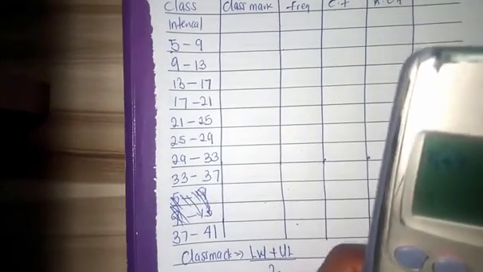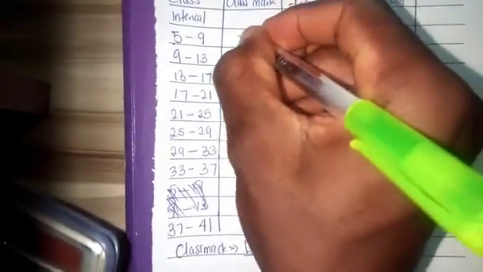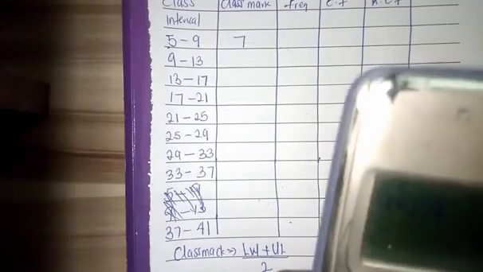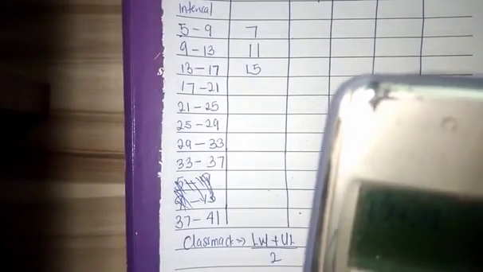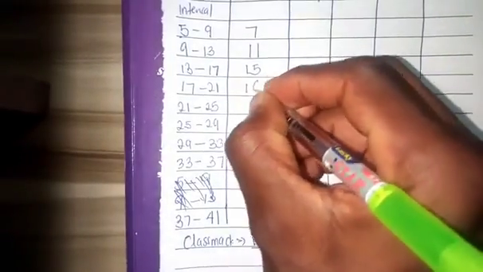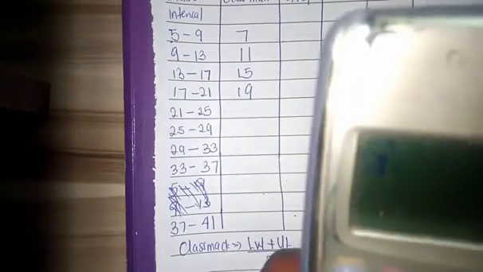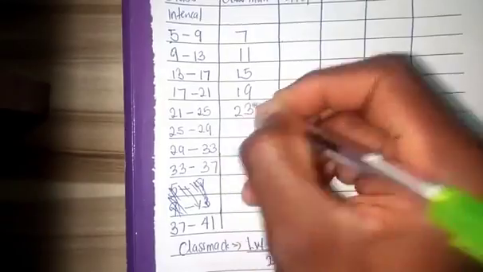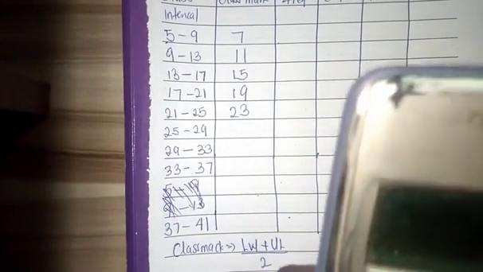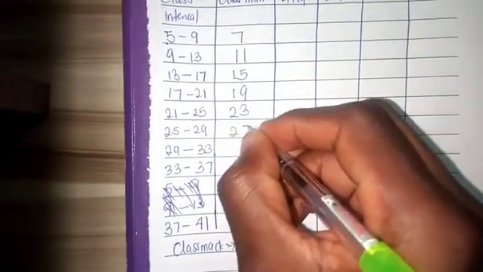5 plus 9 divided by 2, we have 7. 9 plus 13 divided by 2, we have 11. 13 plus 17 divided by 2, we have 15. 17 plus 21 divided by 2, we have 19. 21 plus 25 divided by 2, we have 23. 25 plus 29 divided by 2, you have 27.